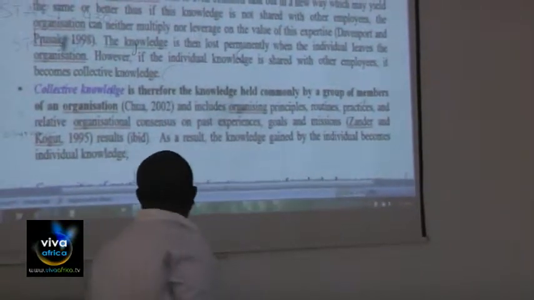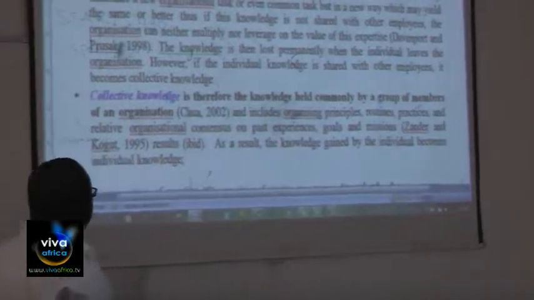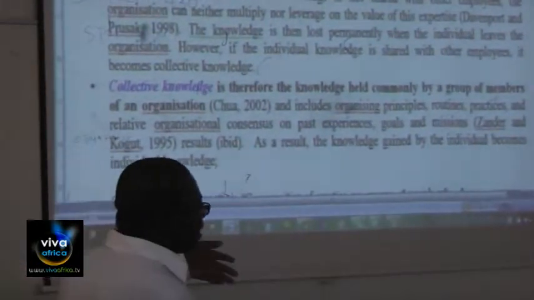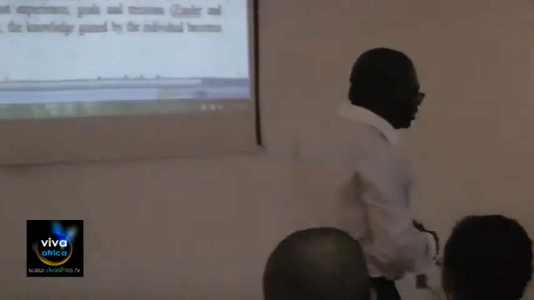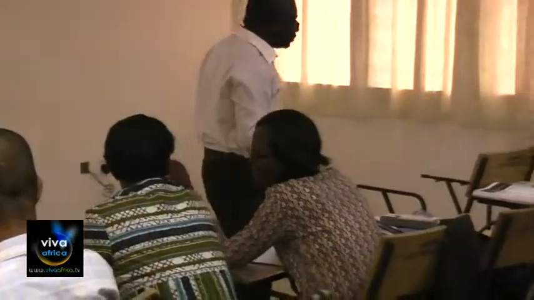Let me give you a little bit. Individual knowledge is held by the individual and becomes for the individual, and the collective knowledge is held by the organization, commonly by the group.